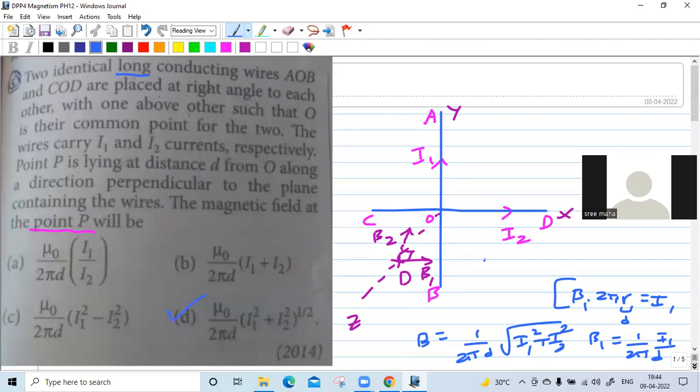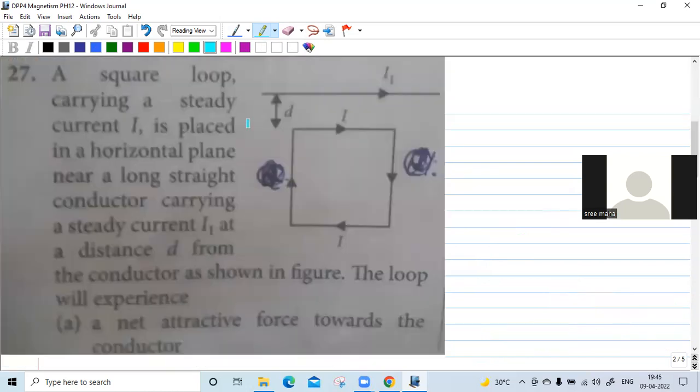So the simpler point is this one, because only at this point on the z-axis, the distance from both the wires will be d. Yes, sir, okay, this one.